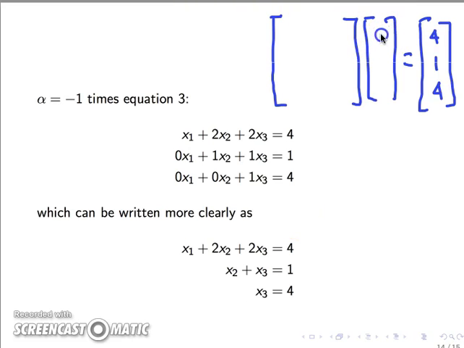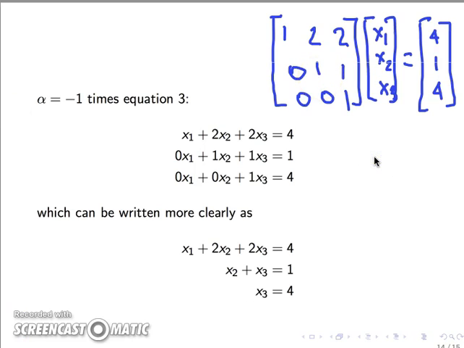So that's what we have in this vector here: x1, x2, and x3. And then this is the matrix of coefficients. That rectangle in this case is a square, and it has coefficients 1, 2, 2, and then 0, 1, 1, and then 0, 0, 1.